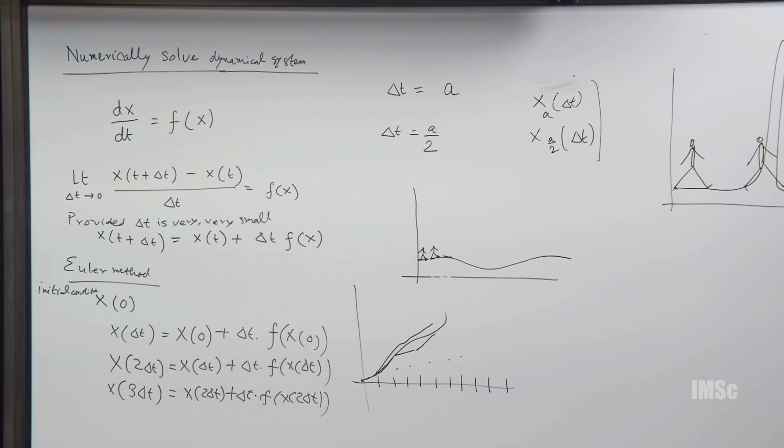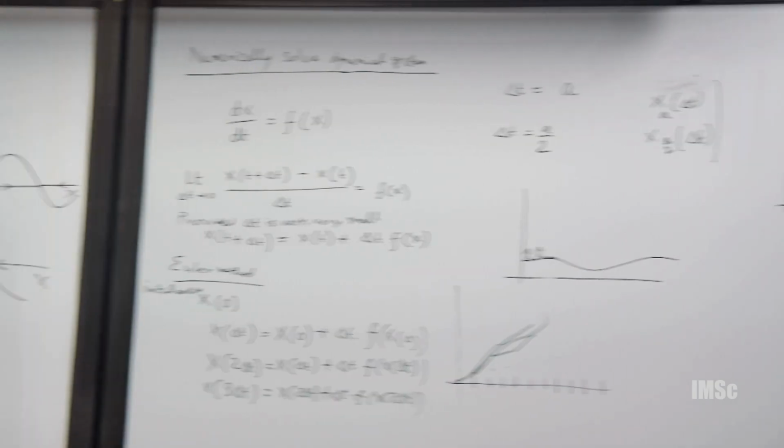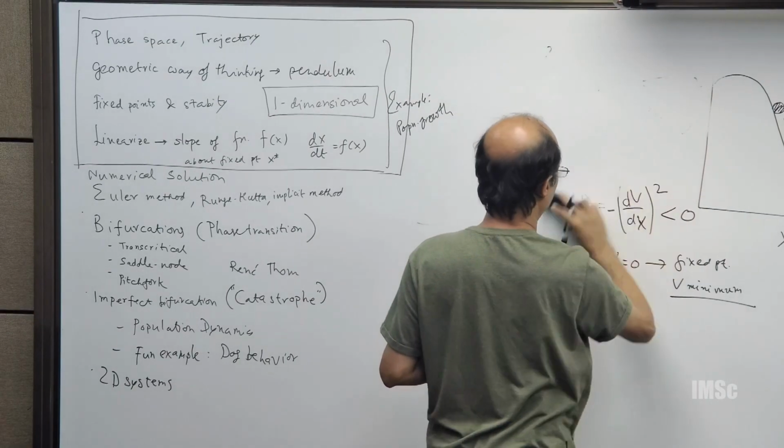Okay. If not, we will go over to the next one, which is looking at bifurcations. Okay, so what are bifurcations? Let me give you an example of a bifurcation.